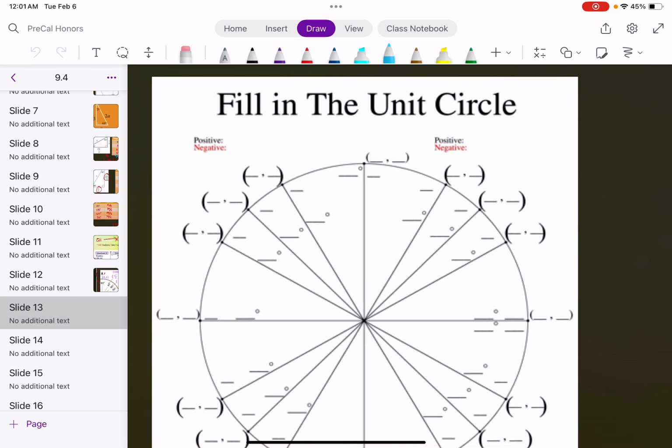So we know this is going to be 0, 30, 45, 60. We've got 180 over here, 150, 135, and 120.